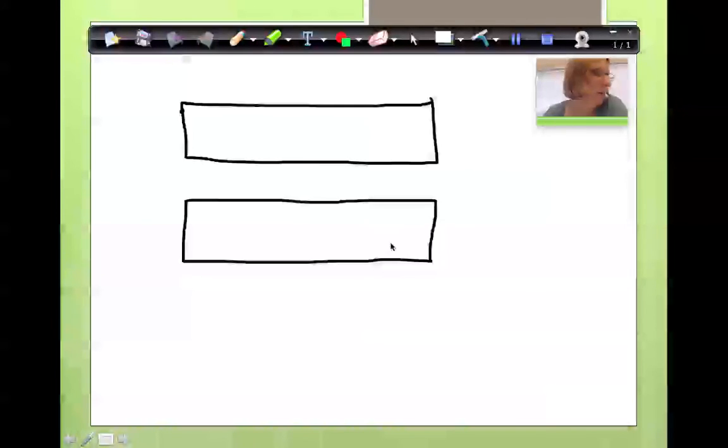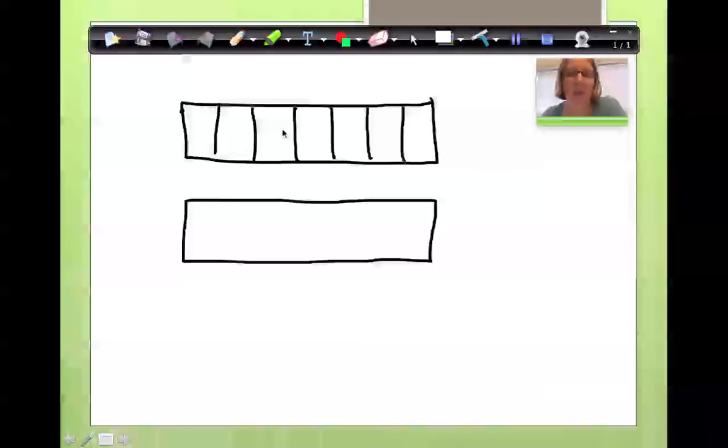Now, please partition the first rectangle into 7ths. 1, 2, 3, 4, 5, 6, 7. And partition the second one into 5ths. 1, 2, 3, 4, 5. Now, please shade in 3 units of each one.